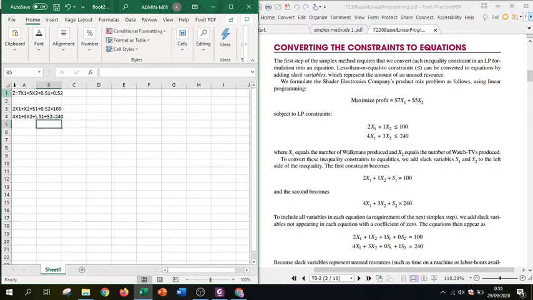Okay, this is the standard form, and in the standard form, the variables must be non-negative, the values of the variables x1, x2, s1, s2.